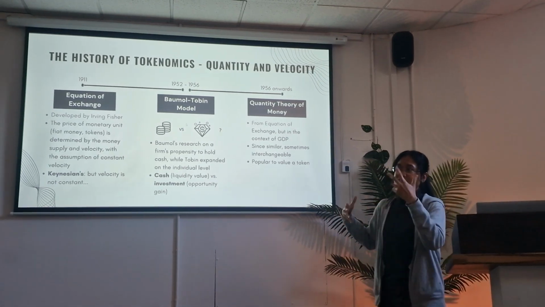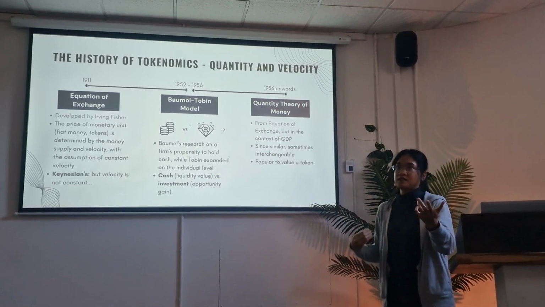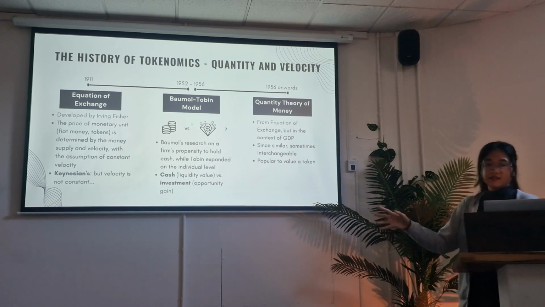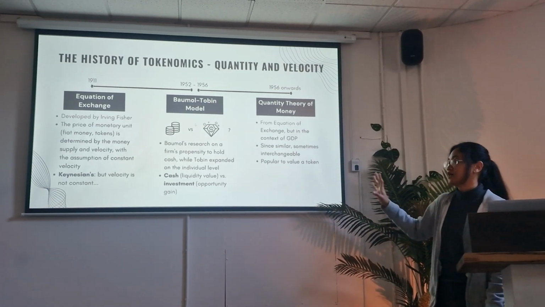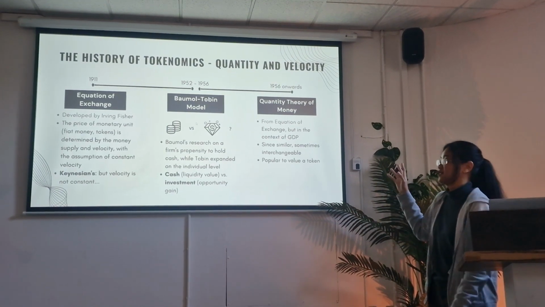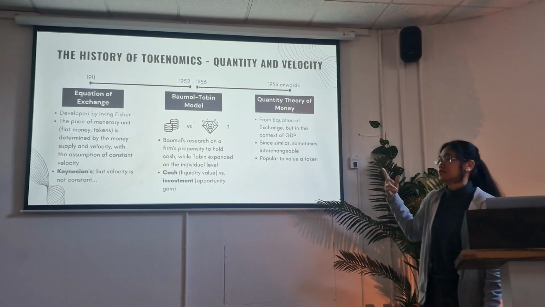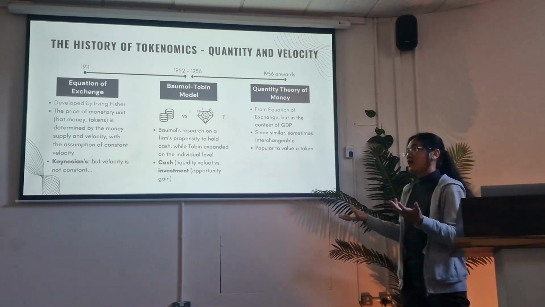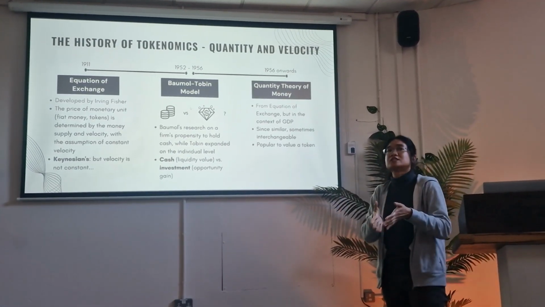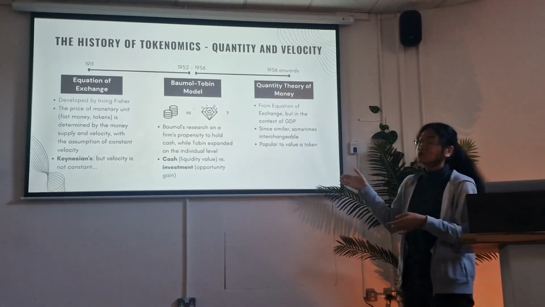So it's company versus individual tendency to hold cash versus investment. This has something to do with the interest rate. I will show you later why interest rate is important in velocity as well. Basically, we have cash in our bank account, and we also have investment.